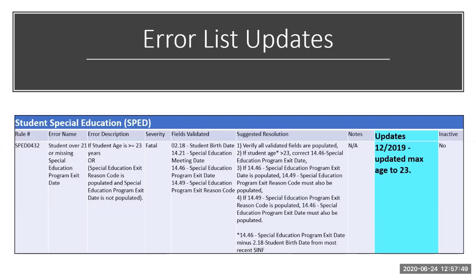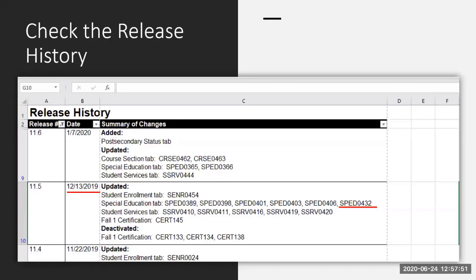You can also find information on validations in the error list if you go to the release histories tab. It's the first tab after the title page. And we've highlighted the date, 12/13/2019, and then you can see a list of all the errors that were updated. Amongst those was the SPED0432, and then what was deactivated.